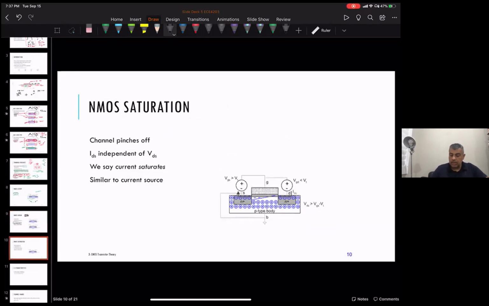So here, your channel is still inverted, theoretically, or was inverted. So it's like you were in linear mode. But what happens is as this drain voltage increases, initially, let's say the drain voltage wasn't too far from ground.